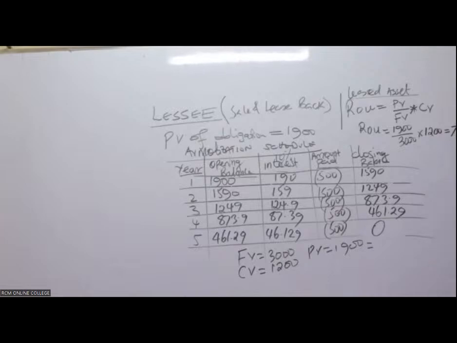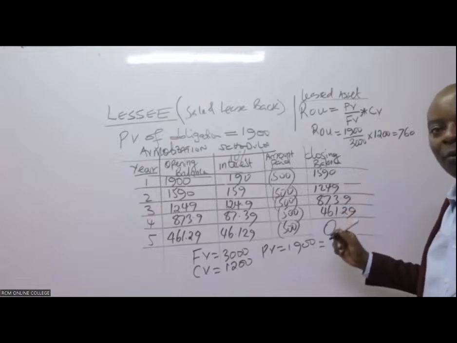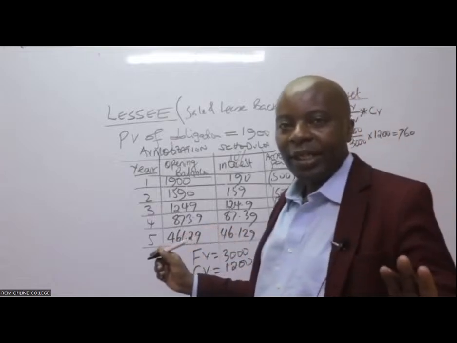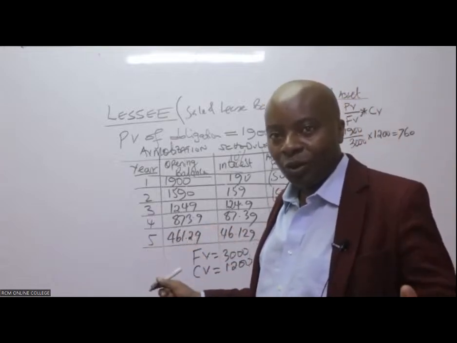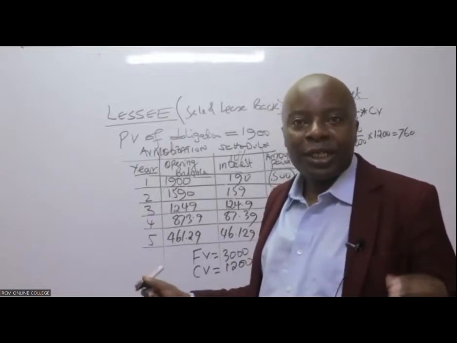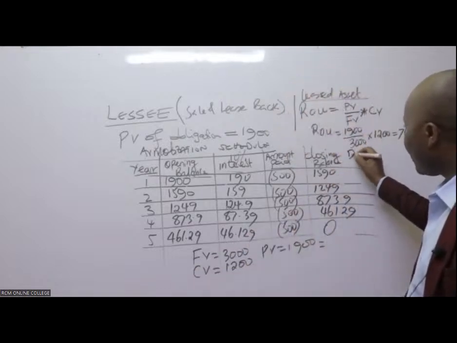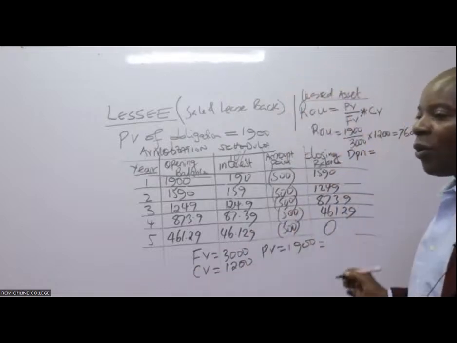Now, ladies and gentlemen, remember the moment I get this 760, this is a leased asset. It's as good as now belonging to the lessee. The lessee is the one who has the right of use, so the lessee shall depreciate it. Depreciation is always straight line.